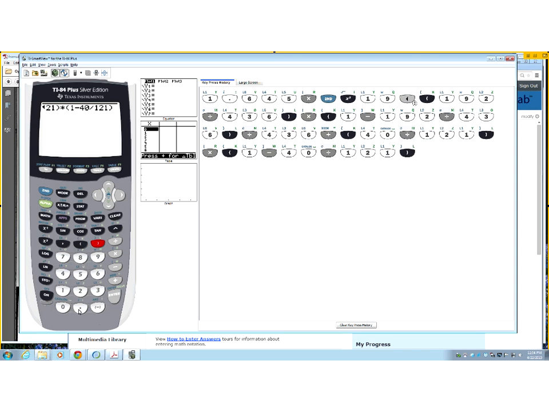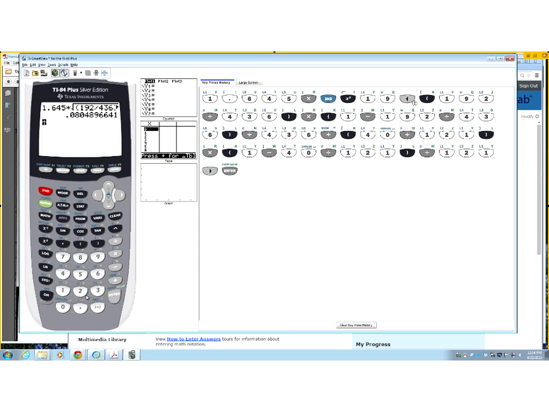So that's q hat. And then I divide that by that sample size for that second group, and that was 121. Okay, so that's the second part of what's in the square root. I have to press the right arrow key just to get out of the square root, and then I'm going to press enter, and that is considered to be my margin of error.